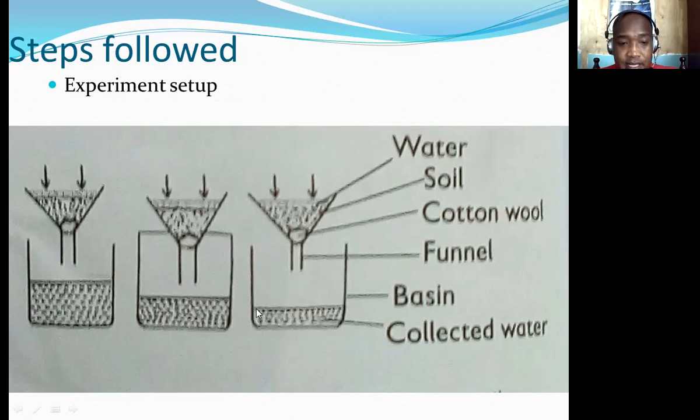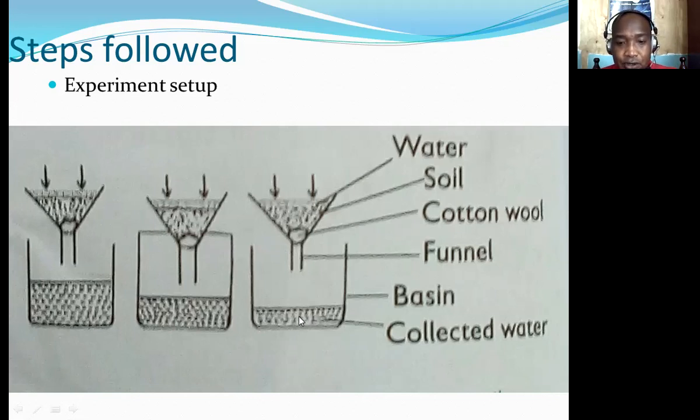Pupils, if you are keen in the observation, you are able to make the following observations. One, the least amount of water will pass through the soil with the smallest particles.